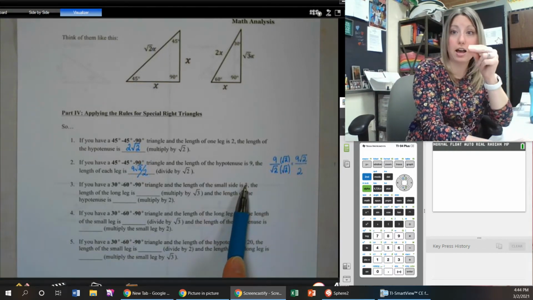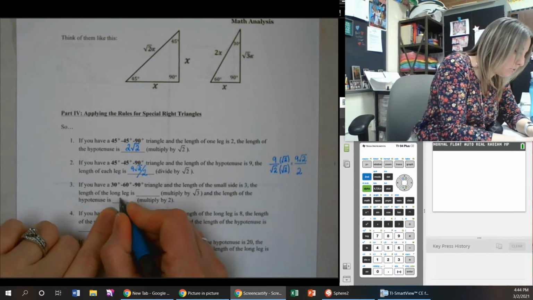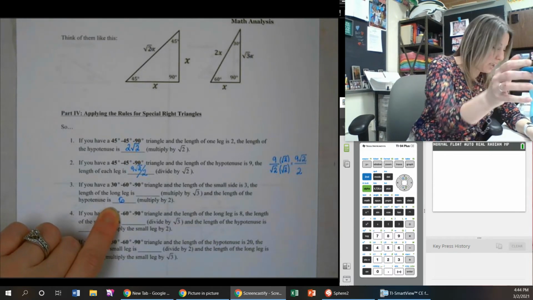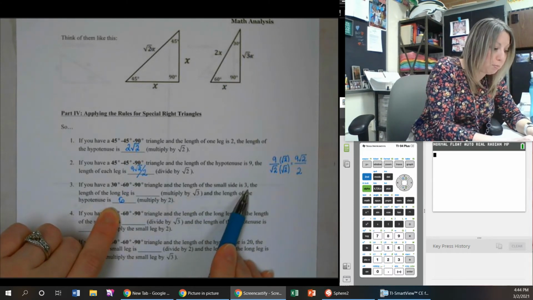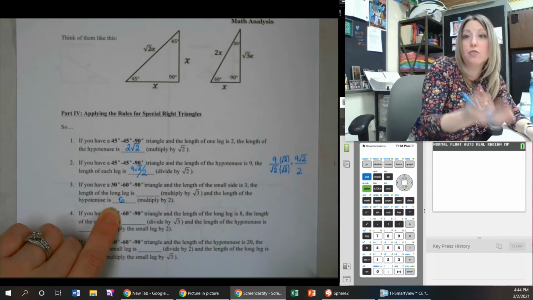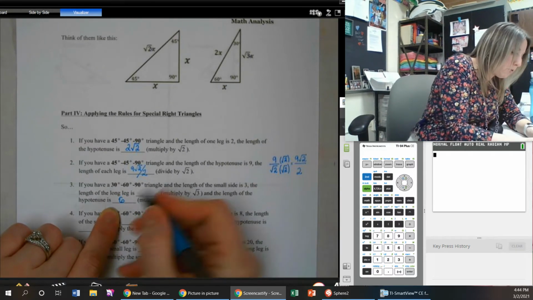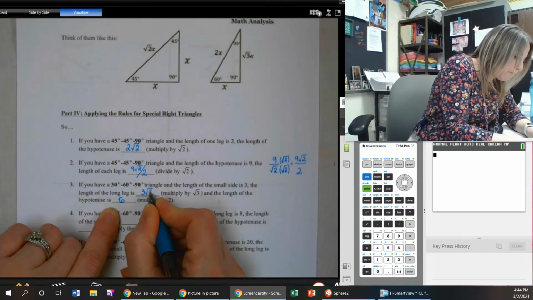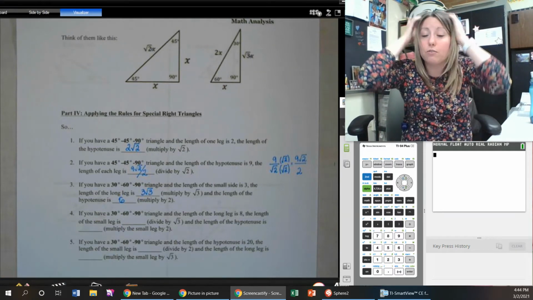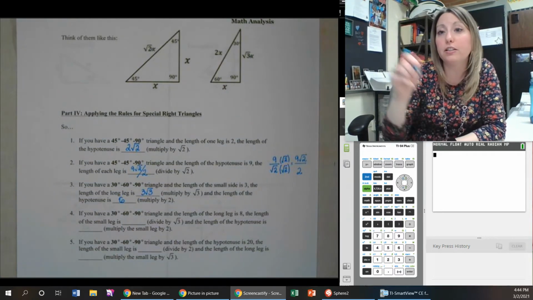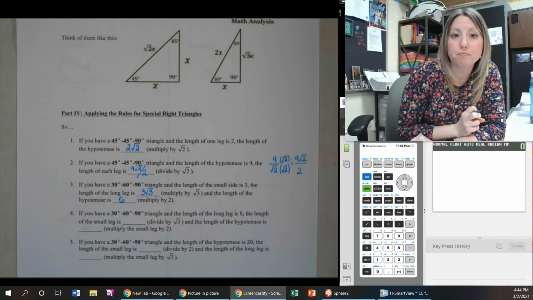So you take that side and multiply it by 2 for the hypotenuse. That's 6. And you take this side and multiply it by radical 3 for the long leg. So 3 times radical 3 is 3 radical 3. Okay, so that's actually nice and easy. If you know the little leg in a 30, 60, 90, nice and easy.